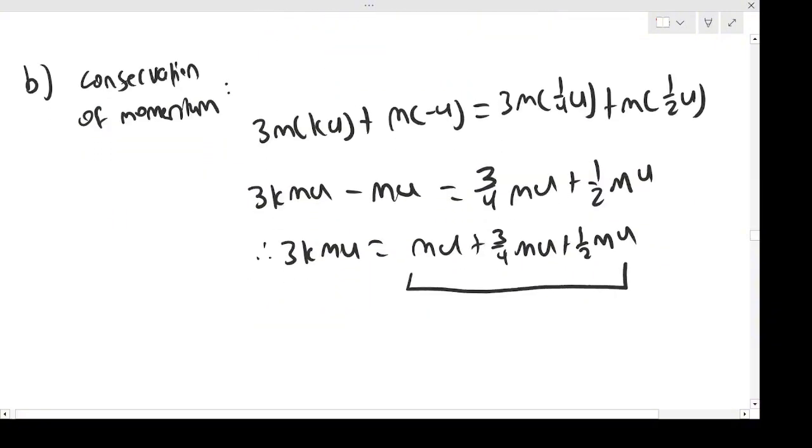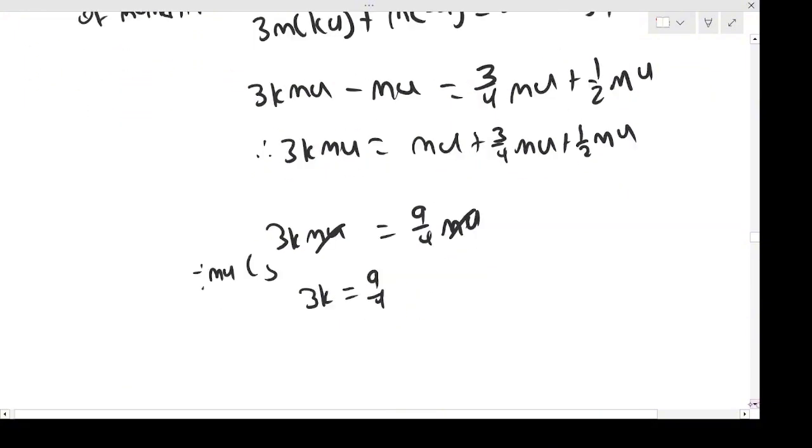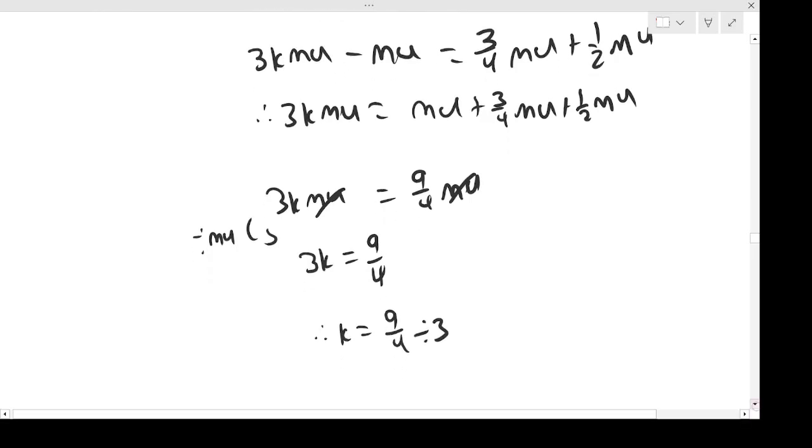So 1 lots of mu, add 3 over 4 lots of mu, add a half lots of mu is 9 over 4 lots of mu. And so that's 3kmu. Then I can cancel the mu terms on both sides to get 3k is just 9 over 4. And so now I've got a nice equation for k, right? So if I divide by 3, 9 over 4 divided by 3, I get k.